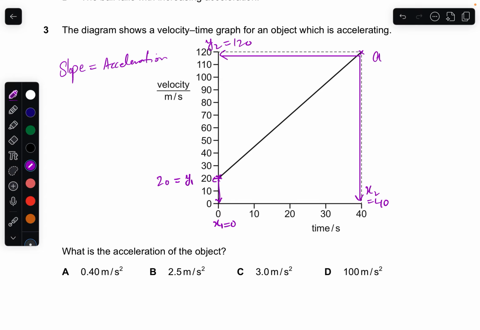So acceleration is equal to y2 minus y1 divided by x2 minus x1. That is 120 minus 20 divided by 40 minus 0, that will give you 100 over 40, and that will give you 2.5. That's option B.